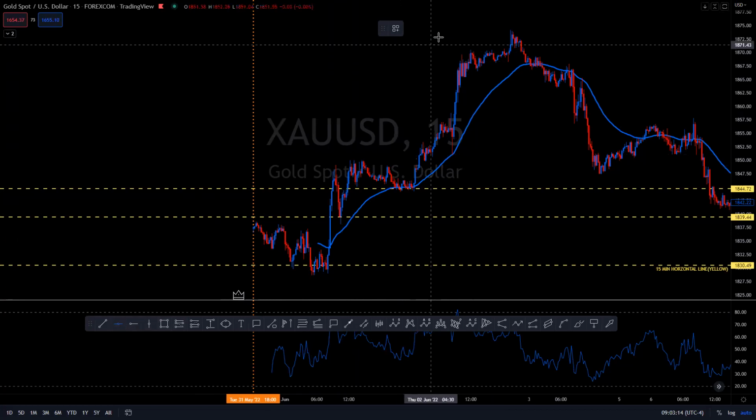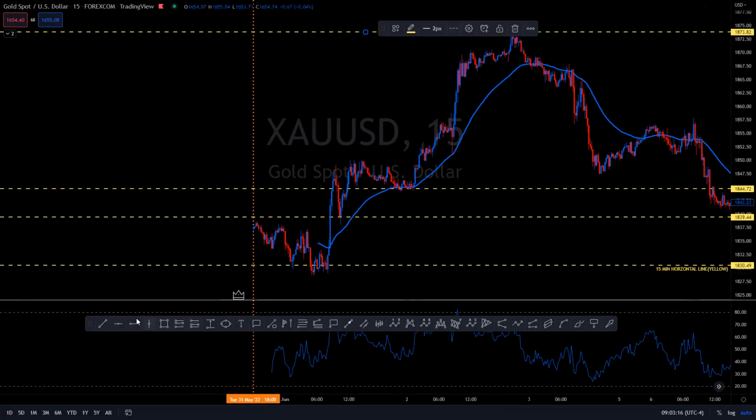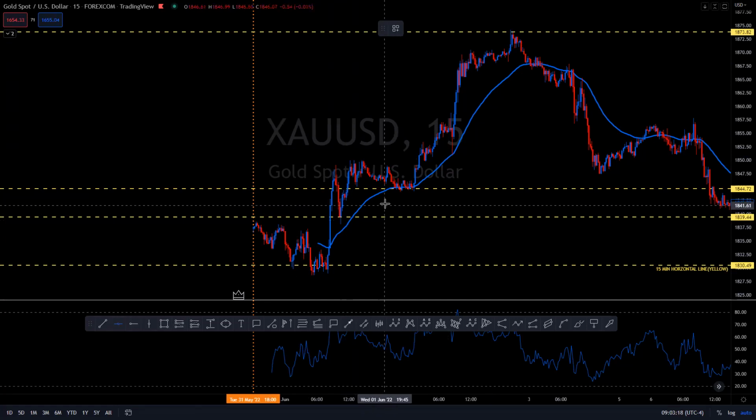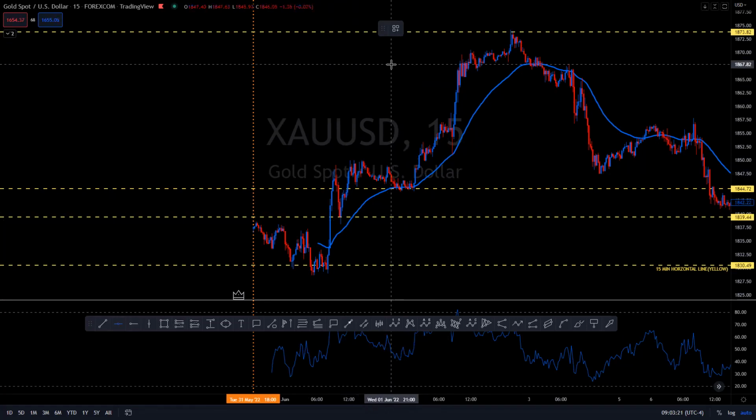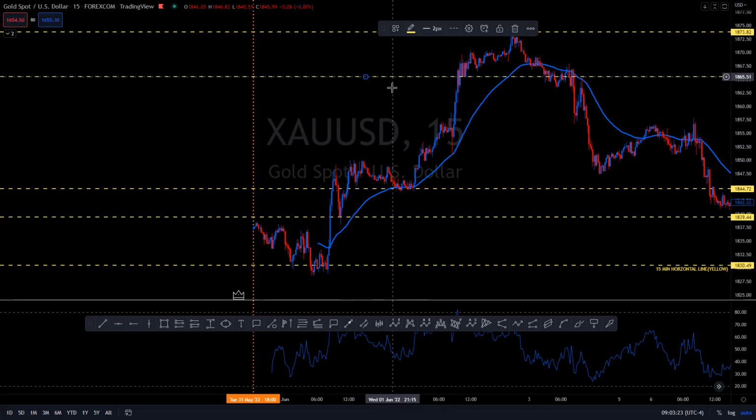And eventually, price met up to this supply area. And there was huge supply in these areas here.